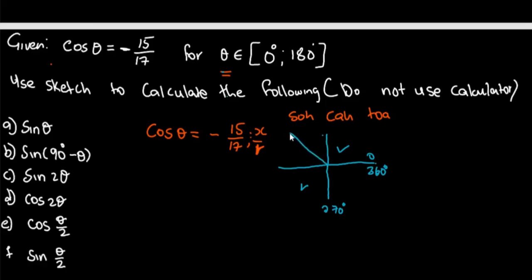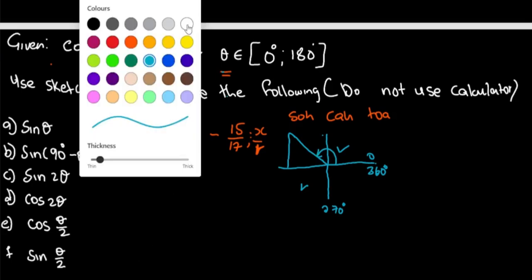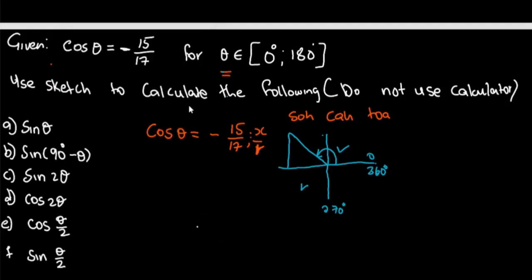This is my triangle, therefore this is my theta, and I'm just going to name the other sides that I have. When I name the sides, I'm going to say my adjacent. Look at this, the negative. Remember, r can never be negative because it's the hypotenuse. So the negative is for the 15, the number on top.